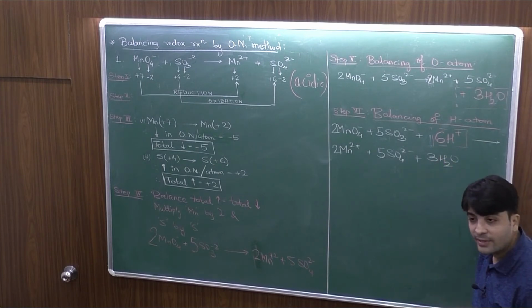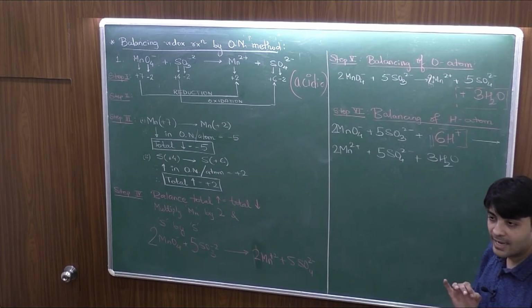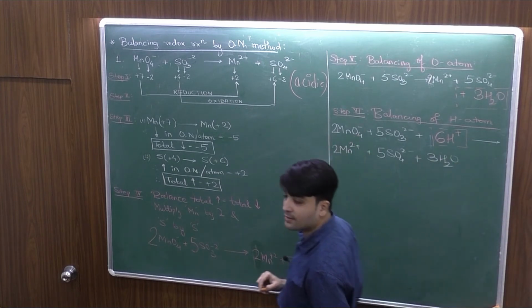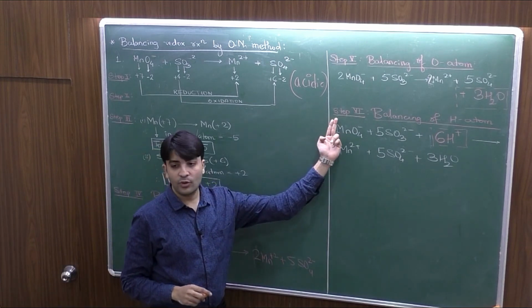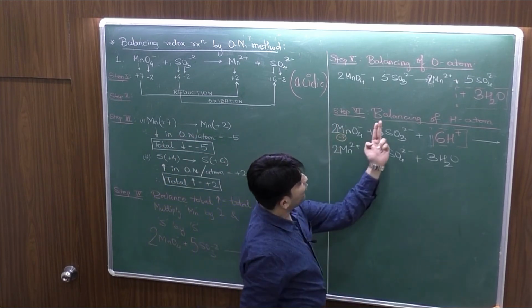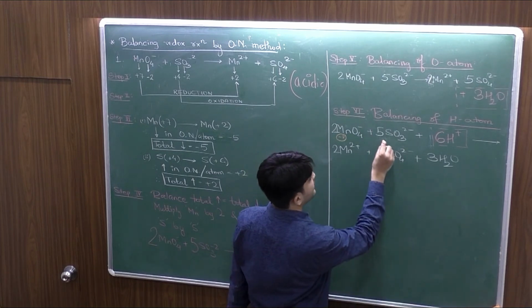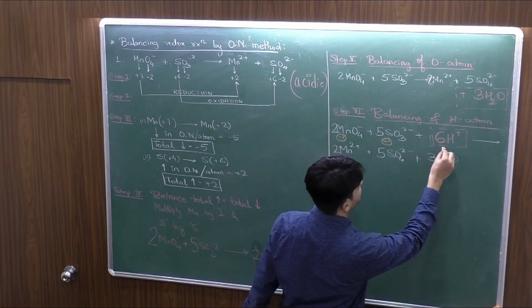But the redox is said to be balanced only if the atoms and the charges are balanced on both the sides. So next step verification बहुत important है. अब ध्यान देना please. Total charge की अगर मैं बात करूँ तो twice of MnO4 minus has a charge of -2. 1 MnO4 has a charge of minus 1, twice it will have -2. Then 1 SO3 has a charge of -2, 5 moles would be -10. 1 H has a charge of +1, so 6 times it will be +6.